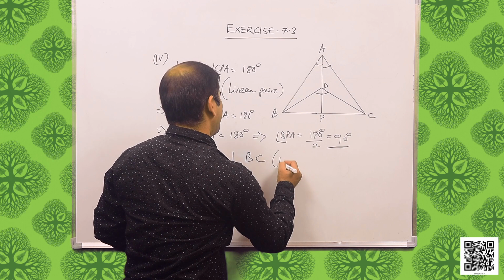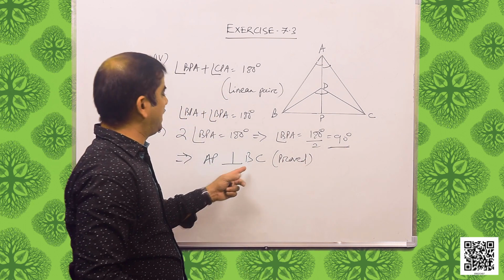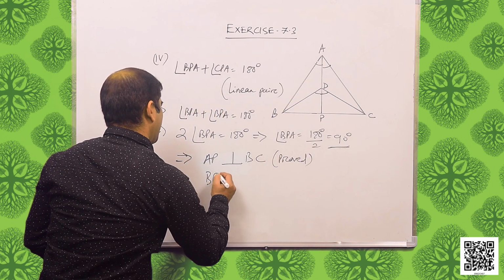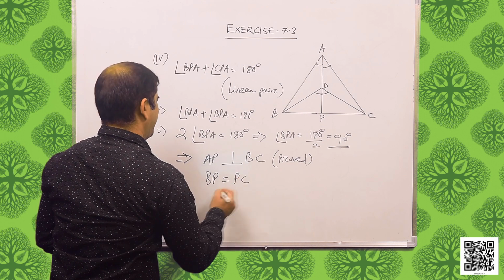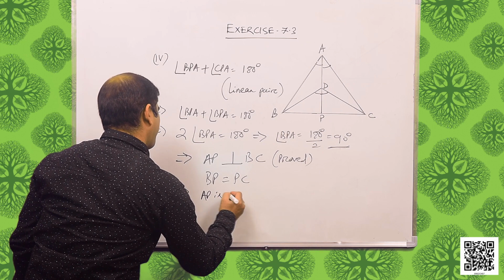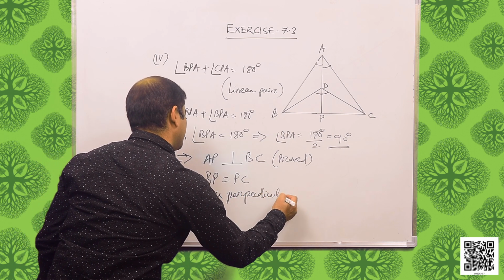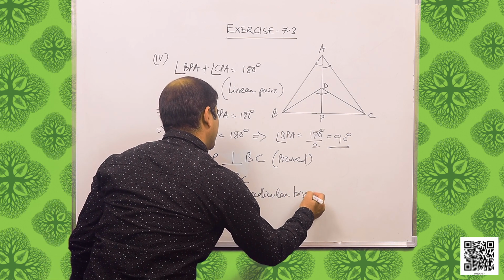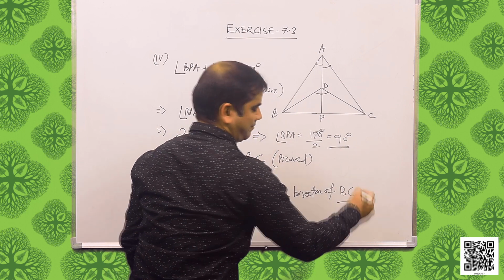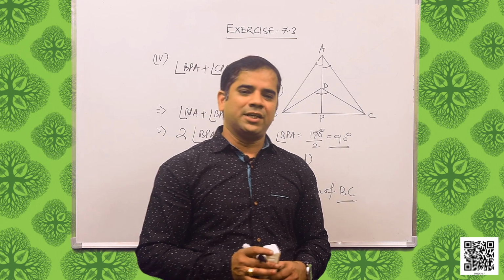We have also proved that BP is equal to PC. So that implies AP is the perpendicular bisector of BC. Okay. So we have completed question number 1.